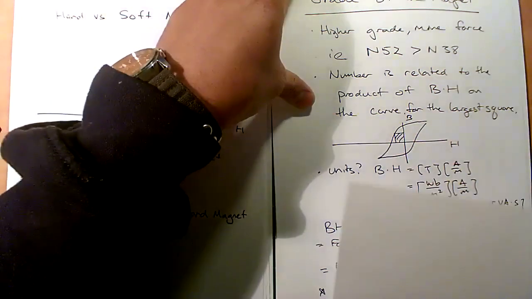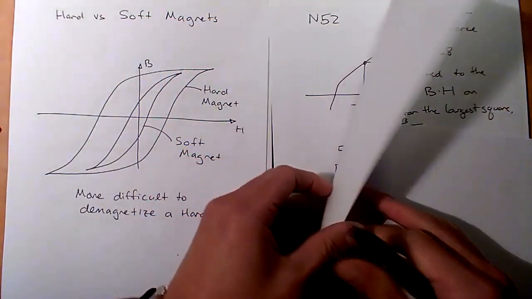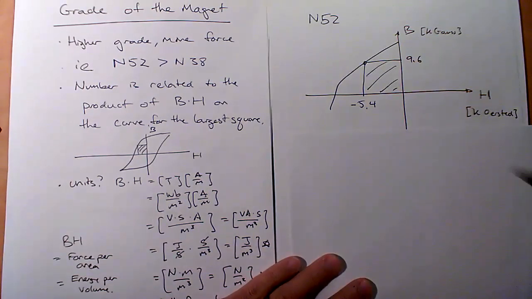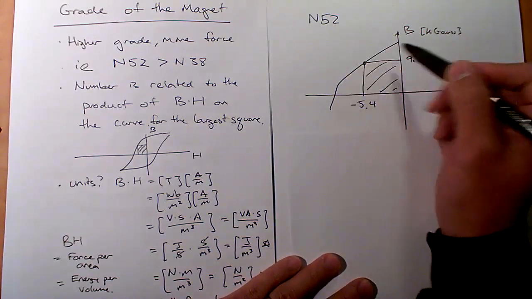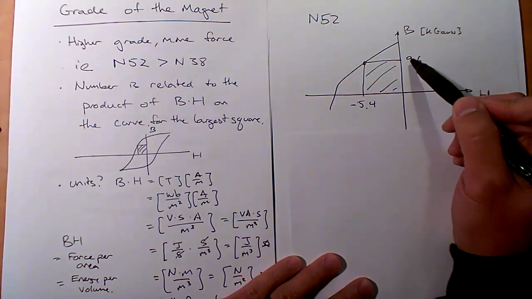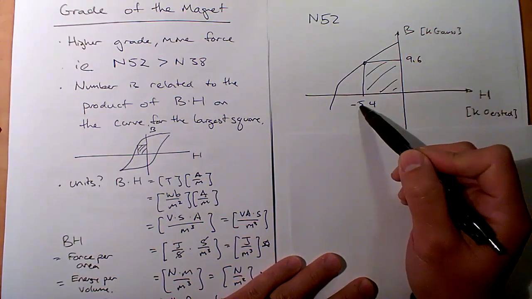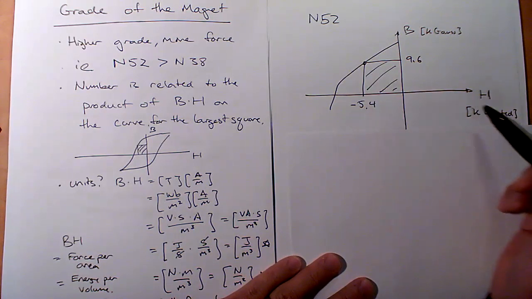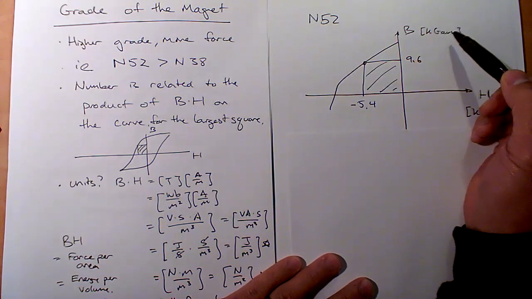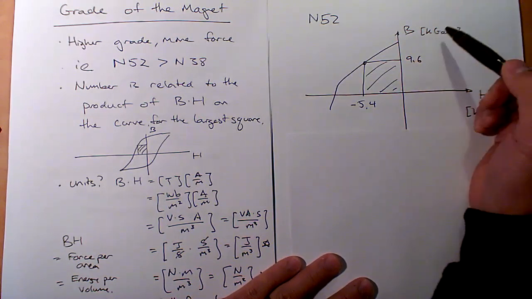Okay, so now let's look even closer at this. For an N52 magnet, here's an example curve, right? And the biggest box I can get might have the numbers 9.6 and 5.4. Now the units are weird. It's going to be kilogauss. Remember, Gauss is the same as a Tesla, except there's a factor of 10,000.